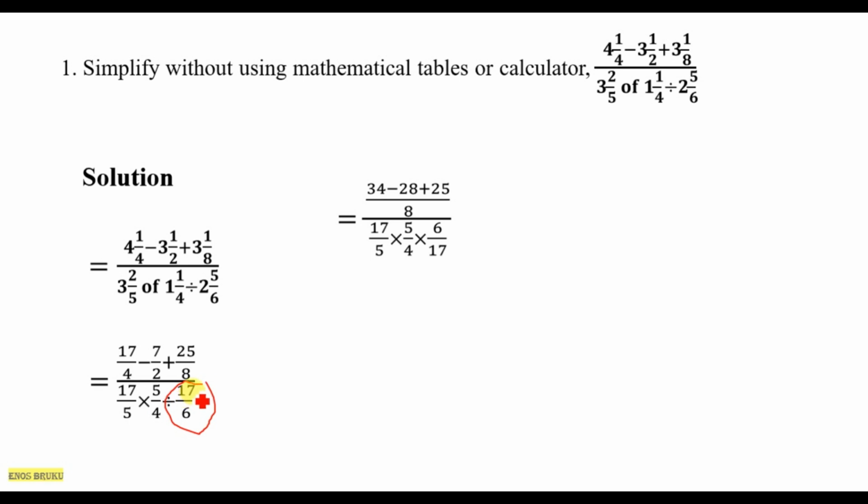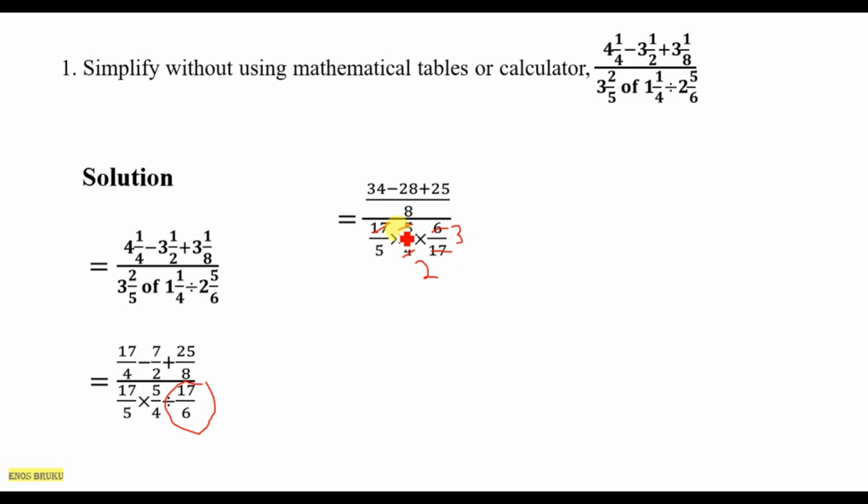Good. So now we are getting closer to the end. So you realize that this 17 here can cancel this 17, and this 4 can be cancelled by 2 times, and this 6 can be cancelled by 2 3 times.